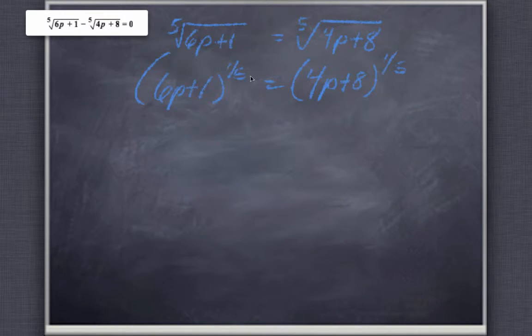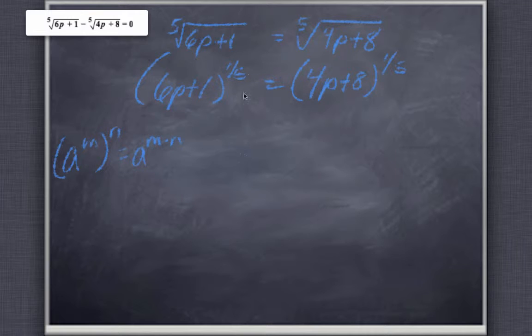Now, I want to get rid of this. So because a to the m to the n is a to the m times n, if I take this to the power of 5, it'll cancel that out. If this was 2/5, I'd do 5/2. It's always just the reciprocal.